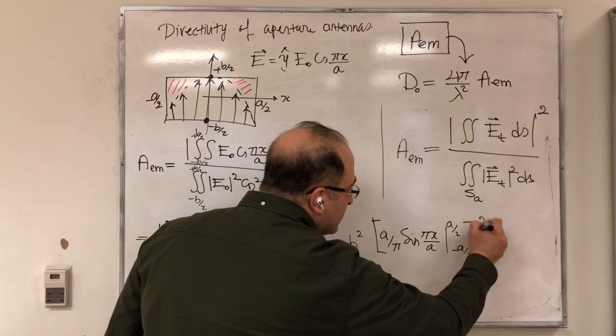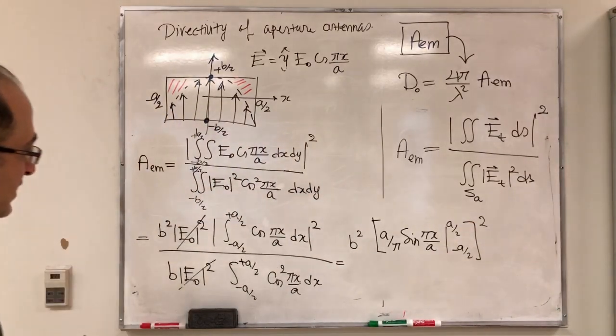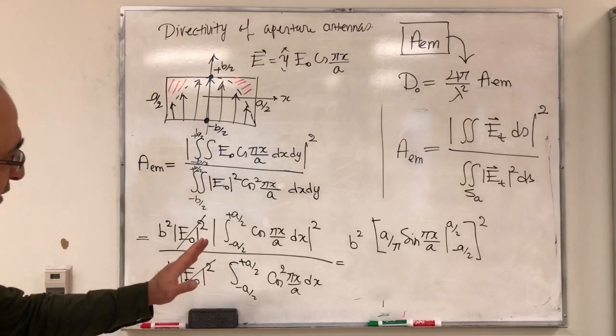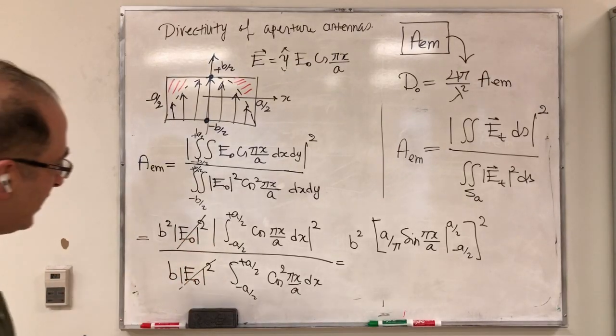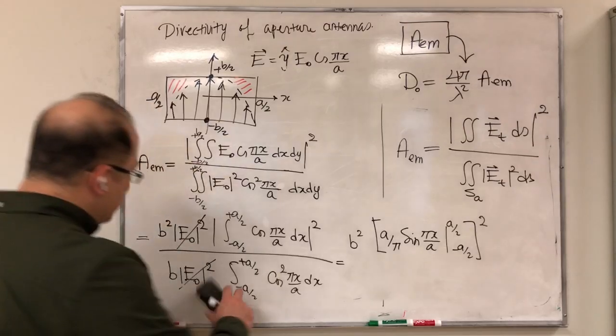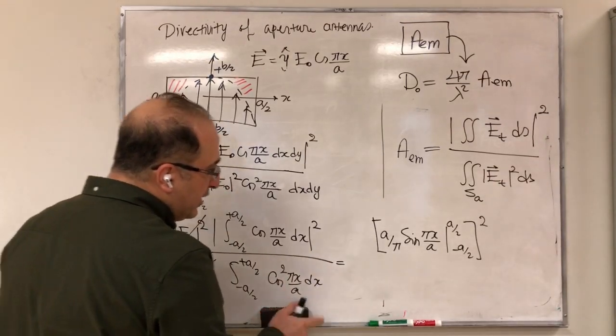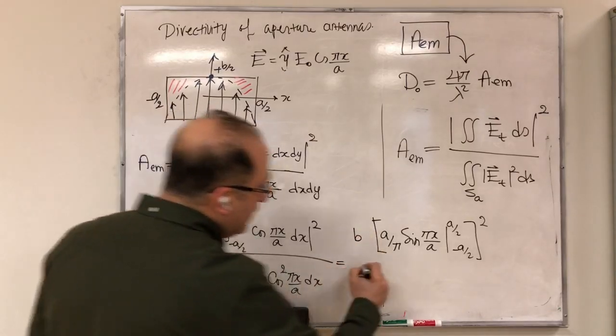Then you need to square the whole thing. So that's what we have. Let me make sure that I did it correctly. Seems okay. And then I can just get rid of b squared. B squared divided by b would be just b. So I'm just going to keep 1 b here.